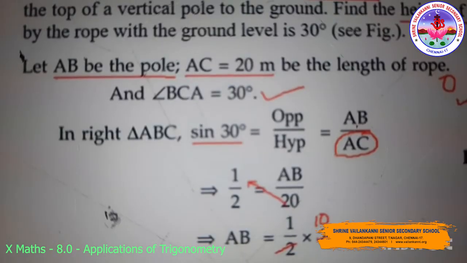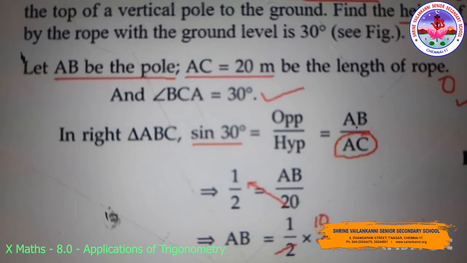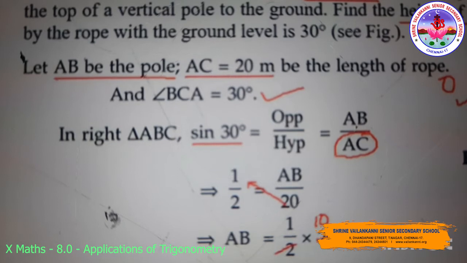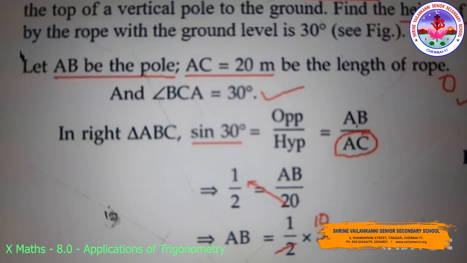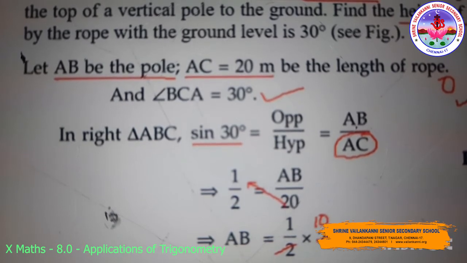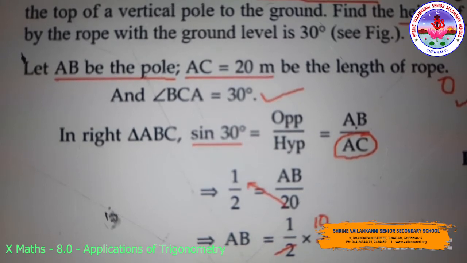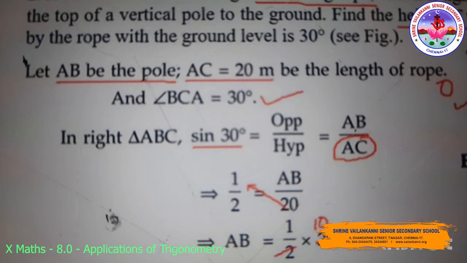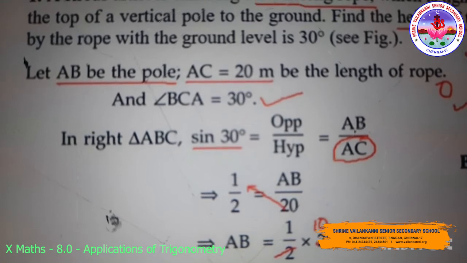Let AB be the pole and AC be the length of the rope of 20 meter and the angle of elevation is 30 degrees. Since AB is a vertical pole, we are considering the triangle ABC as a right angle triangle and angle B is 90 degrees. So using trigonometric ratios, we are going to find out the length of the vertical pole AB.